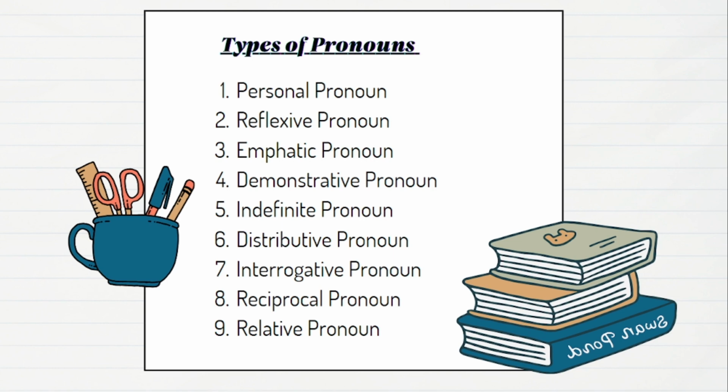If more than one personal pronoun is given in the place of subject or object, in which order is it to be written? Are you thinking? Think once. Then compare your answer with my explanation.